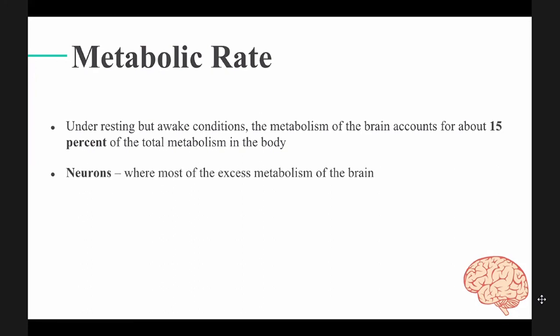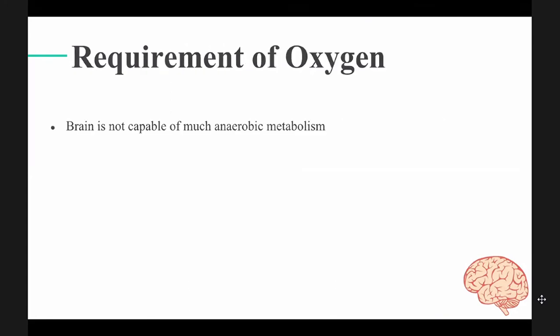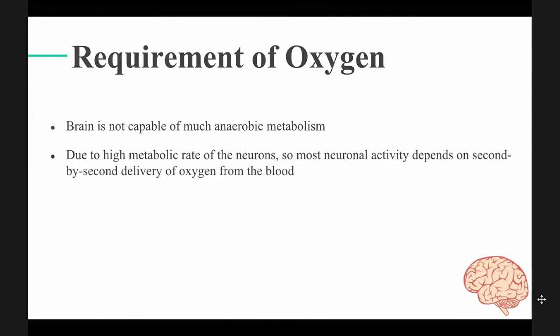Most of the excess metabolism of the brain is in the neurons, and it pumps ions through their membranes. So it pumps sodium and calcium out while it pumps potassium in. Okay, the brain is not capable of anaerobic metabolism as compared to the heart. So if there is less oxygen, then the neural activity will be affected.